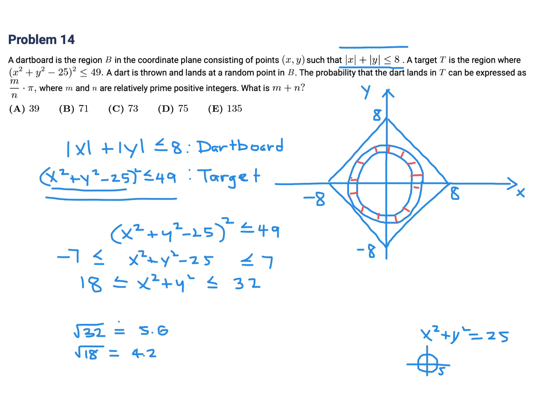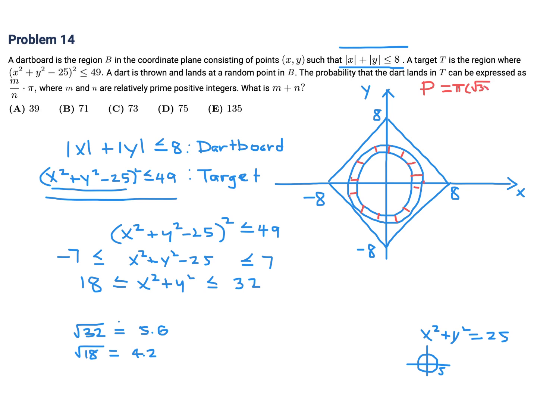Okay, so we have to figure out basically the probability. So the probability, P, would be the area of that shaded region, which would be pi r squared minus pi r squared. The first r would be root 32, because this point right here is root 32.